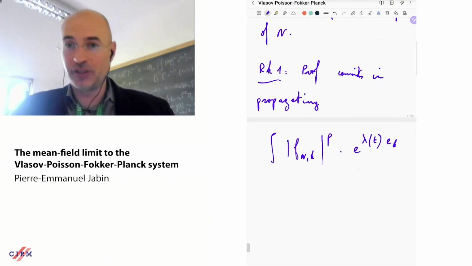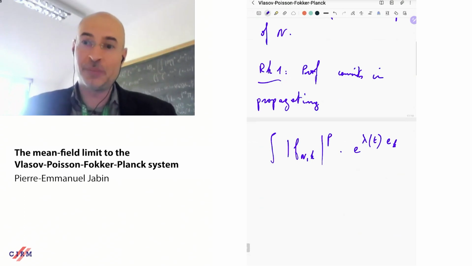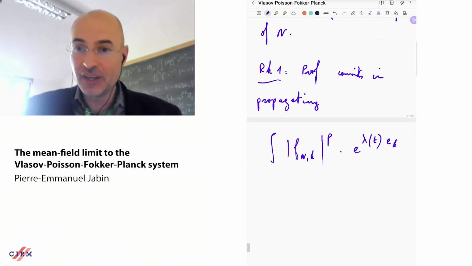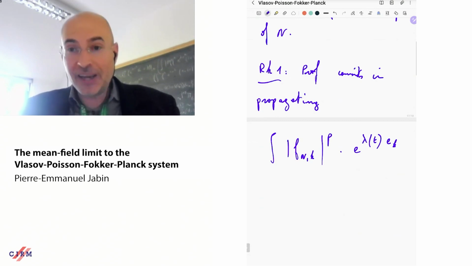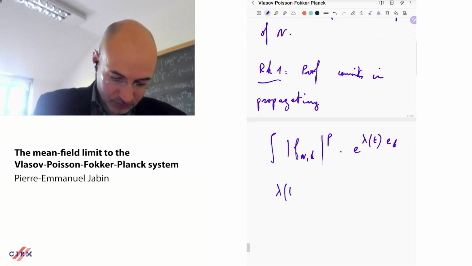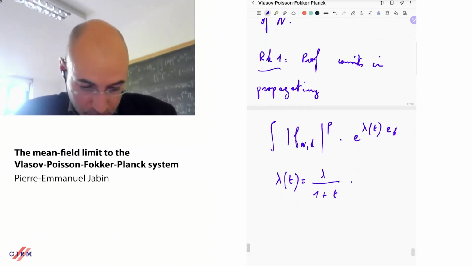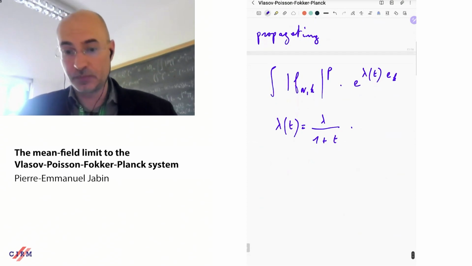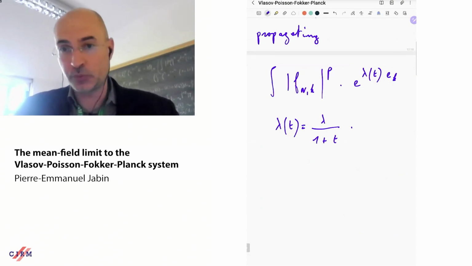And I'm looking at Gaussian decay. So I need to spread also my weights in a corresponding manner. And you know that the heat kernel is exponential of x squared over t. That's the behavior. So lambda here needs to behave like that. Otherwise, those kind of weights would be blown up simply by the diffusion in velocity. But that's the only place where this lambda t shows up.